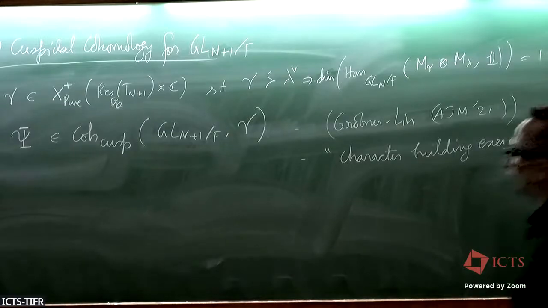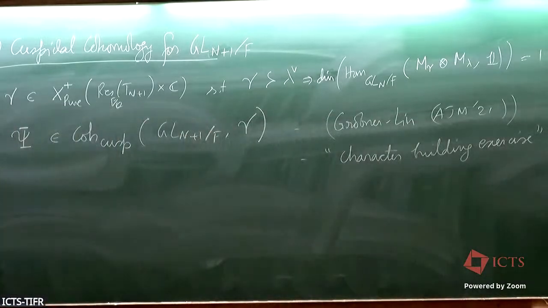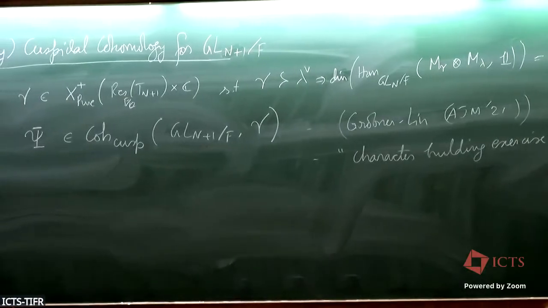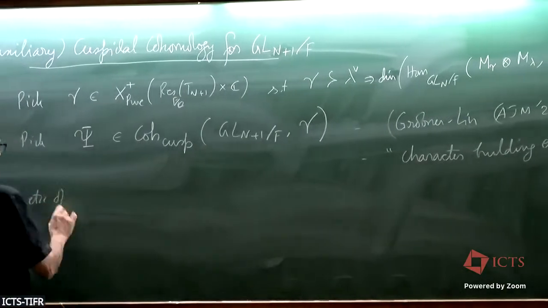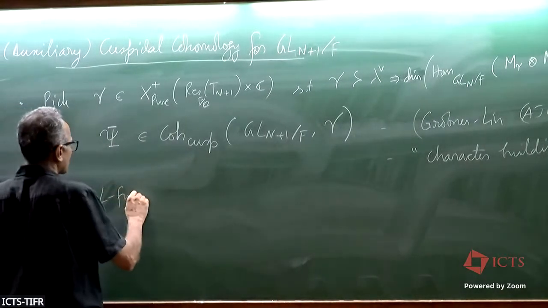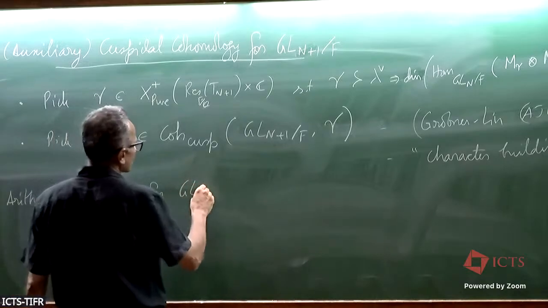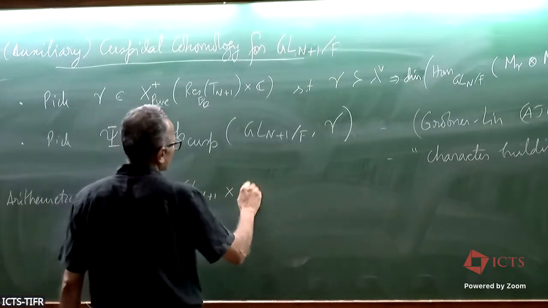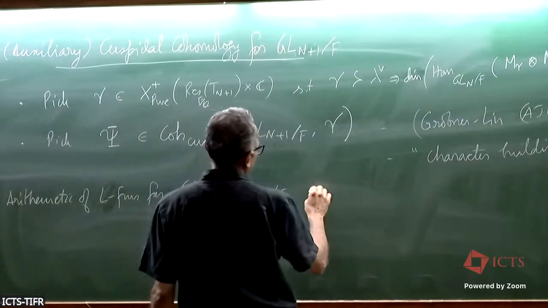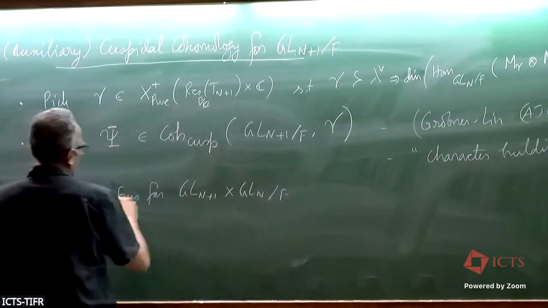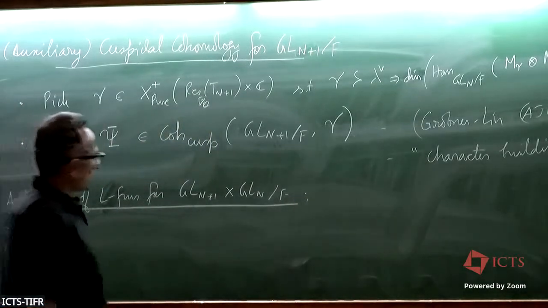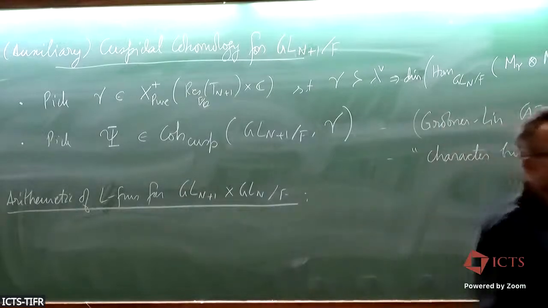And the game is to look at, now, the arithmetic of Rankin-Selberg L functions for two successive GLs, as applied to what I've just spoken about, the psi and the sigma. So for this, let me just explain very quickly how this works.